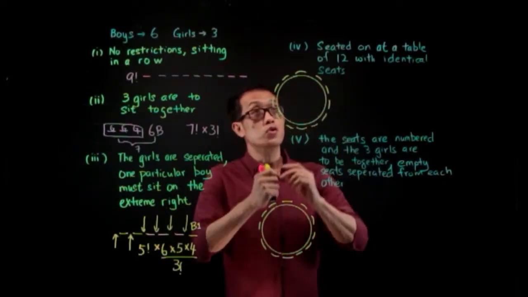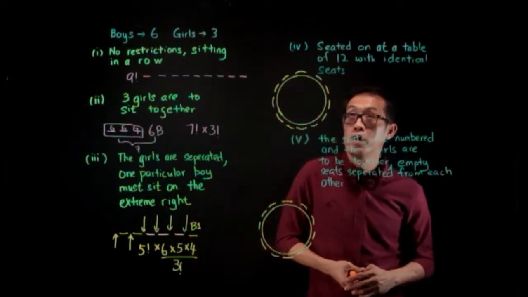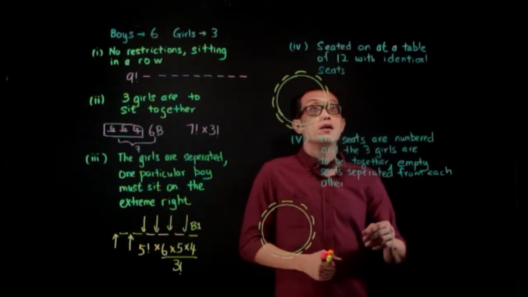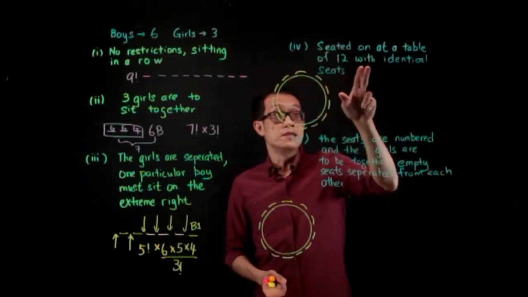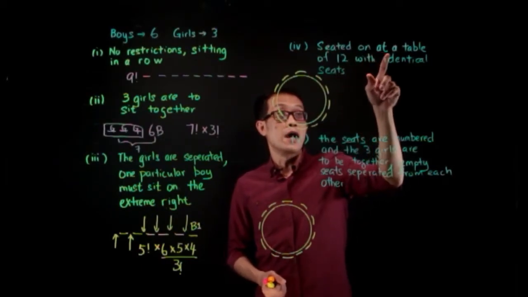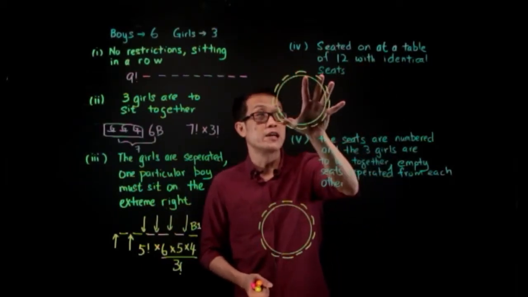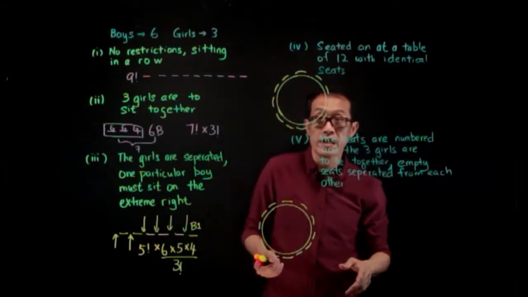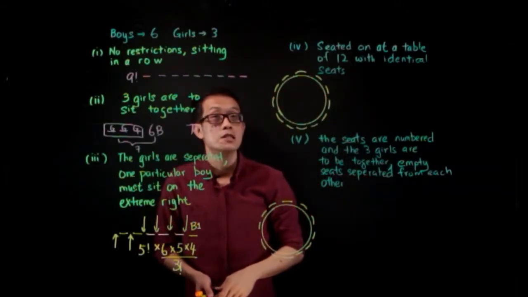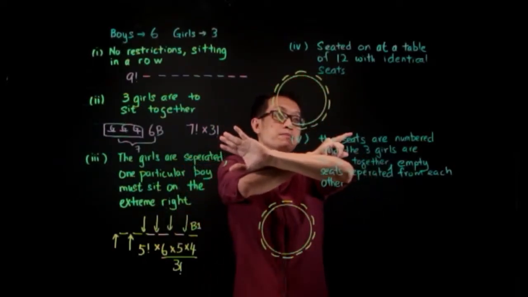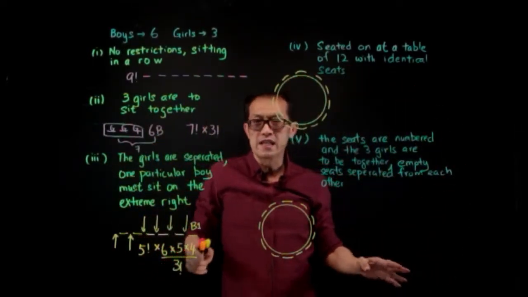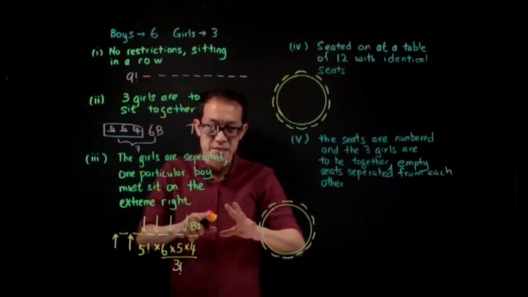Let's move on to part 4. In part 4, the 9 of them are to be seated at a table of 12. So there are 12 chairs with identical seats. Now imagine this table is placed in the Sahara Desert. There's nothing there except sand.